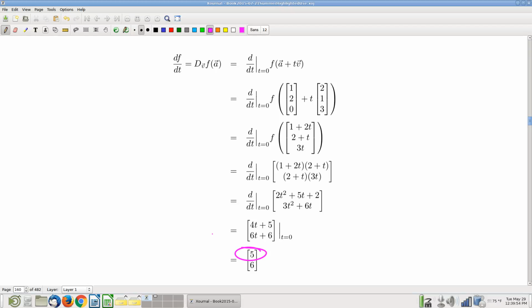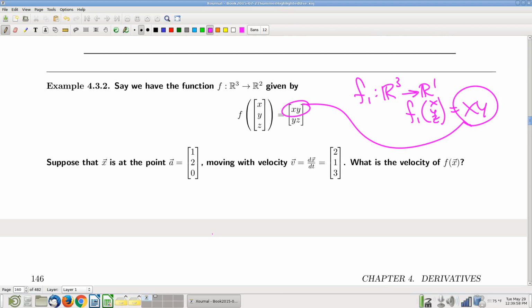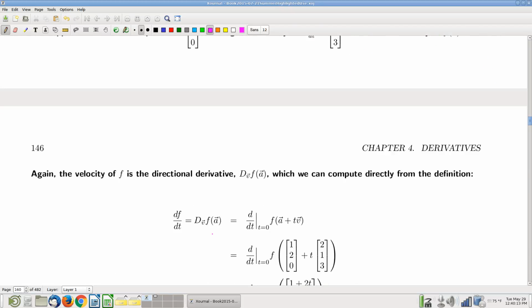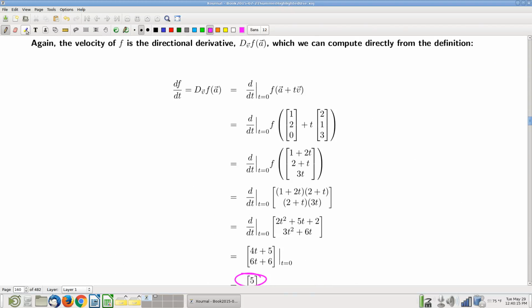And I would encourage y'all to go through that calculation just as a sanity check. So do this one, right? Write down this function, take this point A, this velocity V, plug it all in, and confirm that you get 5. And in fact, what you will notice when you do that is that the calculation that you're doing will in fact be generating the exact same input parametric curve.